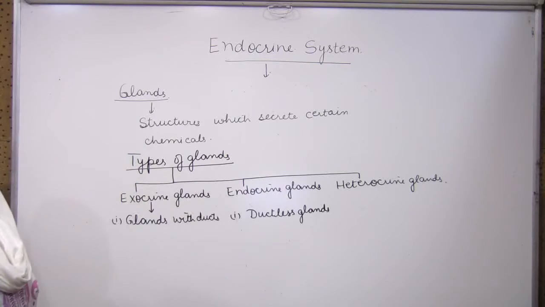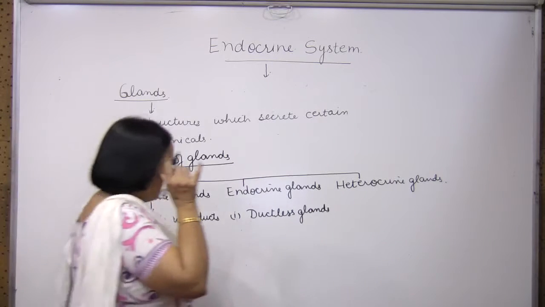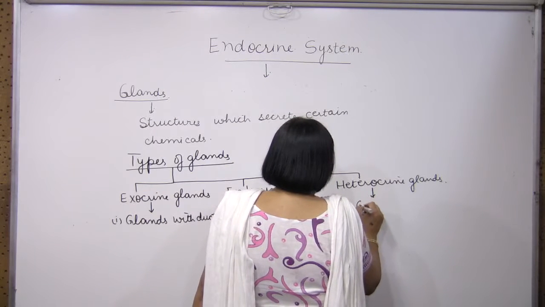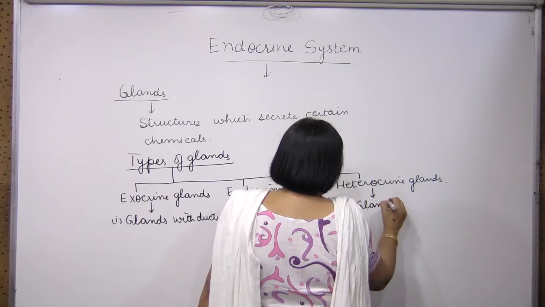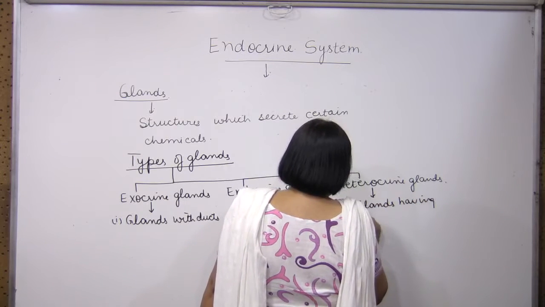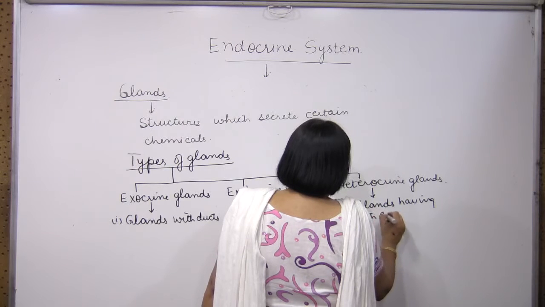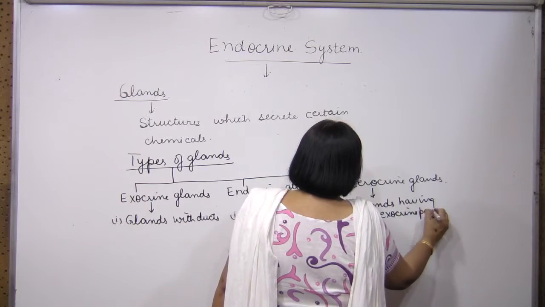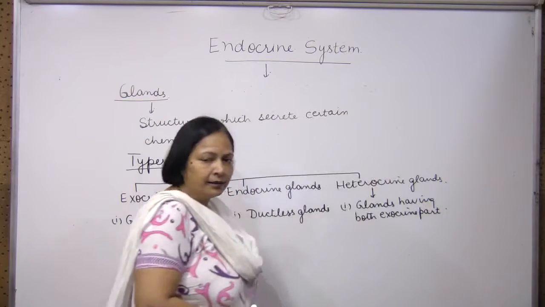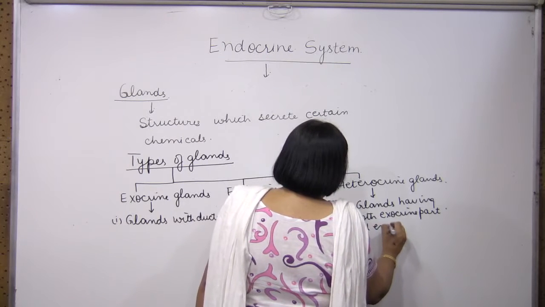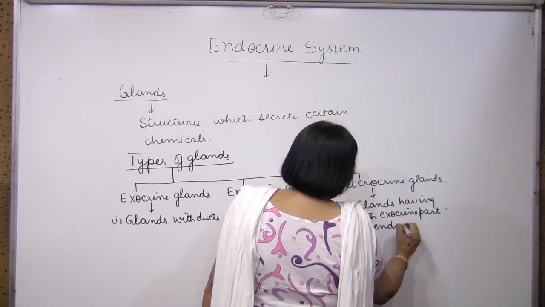Heterocrine glands are glands having both an exocrine part, where some part has ducts, and another part that is ductless, the endocrine part.